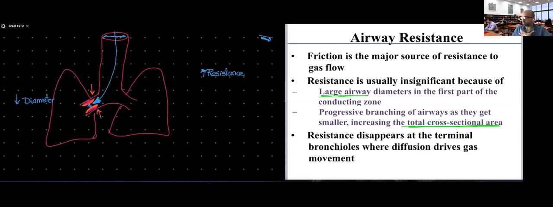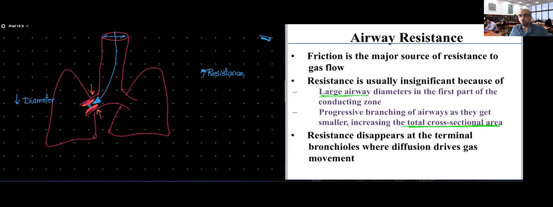So if a person has an asthma attack, what will he experience? He's not able to breathe. Why? He needs to exert more effort in order to pull the air against the high resistance applied by the constricted airways.